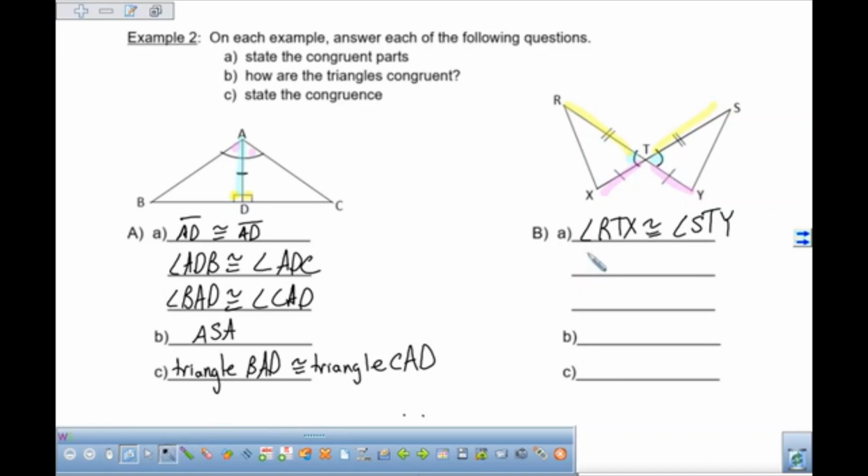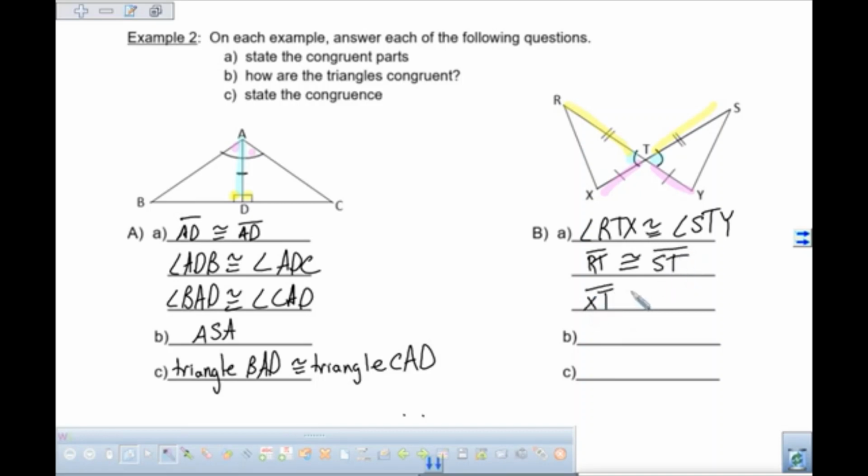So that's segment RT being congruent to segment ST, and segment XT being congruent to segment YT. And we have two sides including an angle, so we'd have side, angle, side, and triangle RTX is congruent to triangle STY.